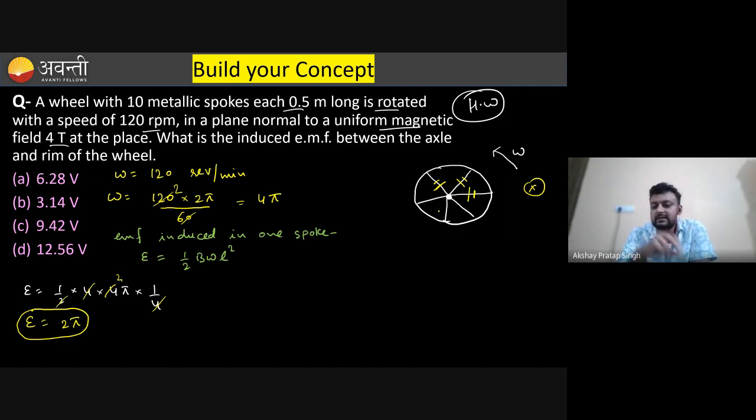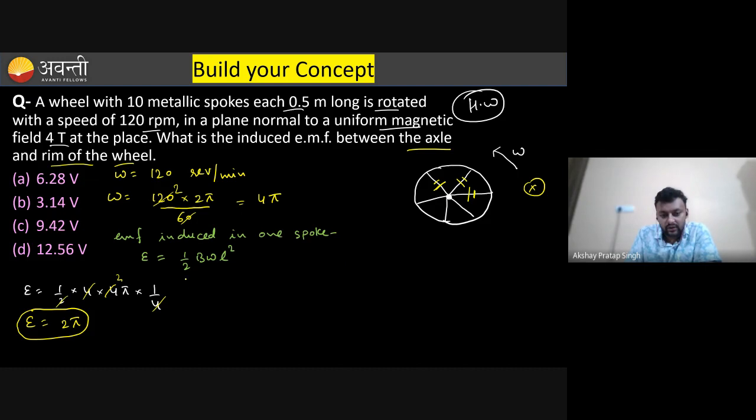Now, if each rod is behaving like a cell, you have to calculate the total potential between the axle and the rim of the wheel. The total potential will be the combinational sum, and you can see all these cells are combined in parallel. Remember one punchline from current electricity: if n identical cells are connected in parallel, then their equivalent EMF is the same as the EMF of one cell.